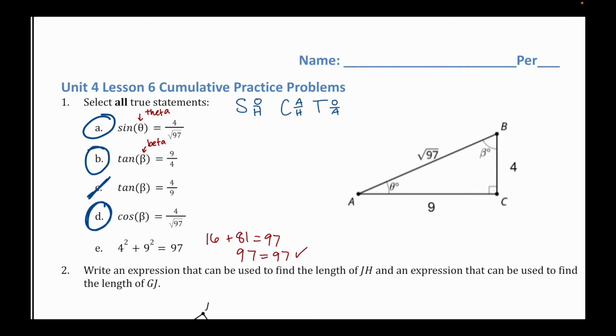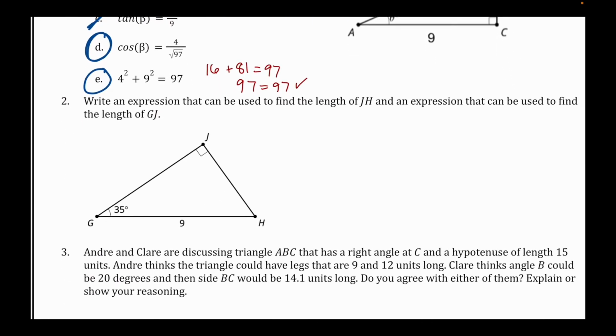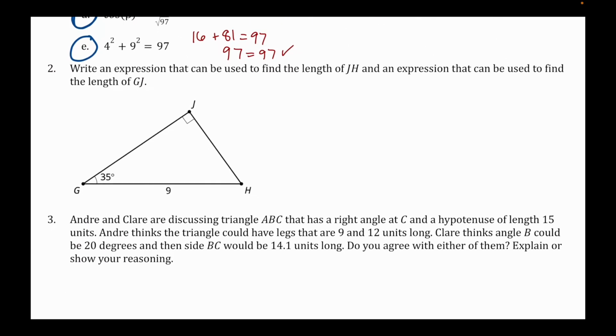So E is also correct. So the only one that's not true here is C. Now, if they said tangent of theta for that one, that would be correct. It would just be the reciprocal of the tangent of the other one, but they didn't, so that's the only one that's wrong.